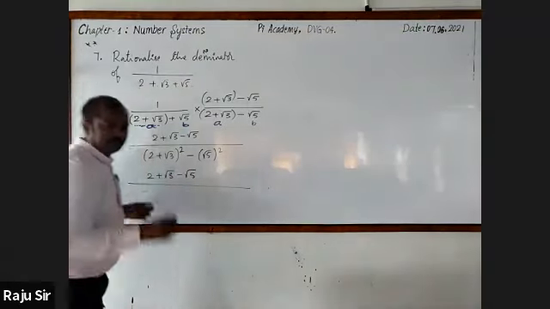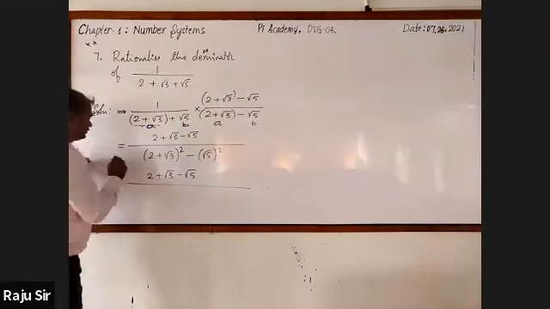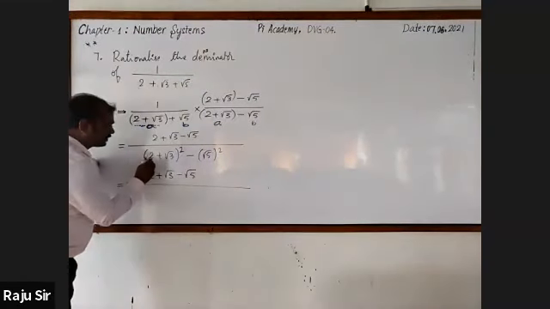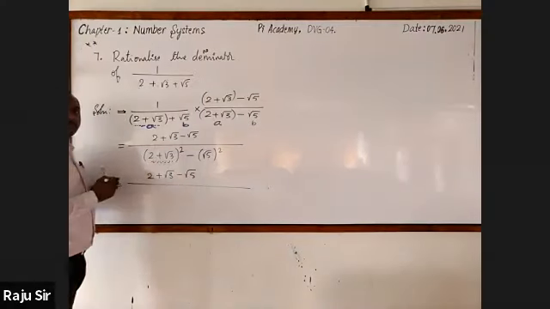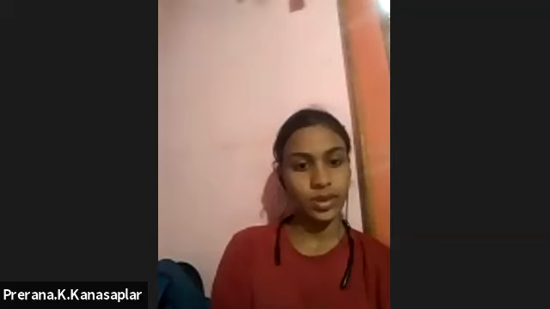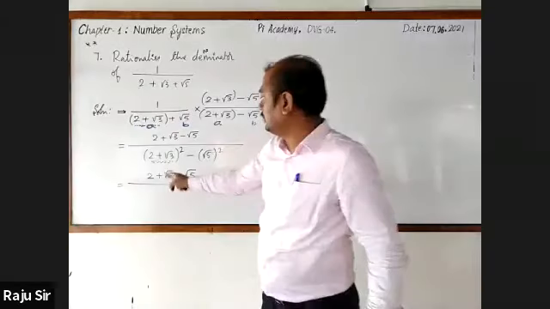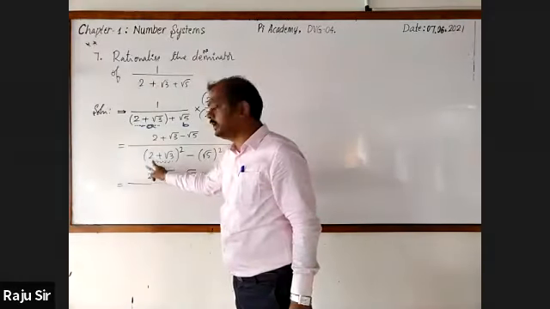Now, denominator, observe this. In which form it is? A plus B whole square. Now, I'll go for applying that identity to this.